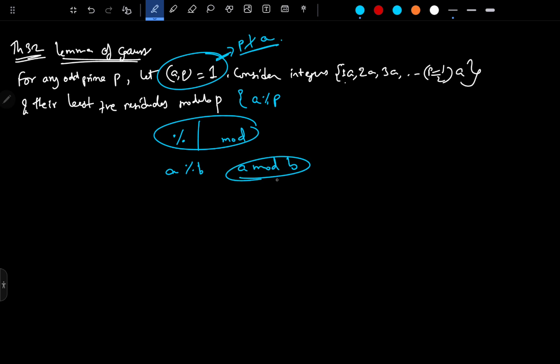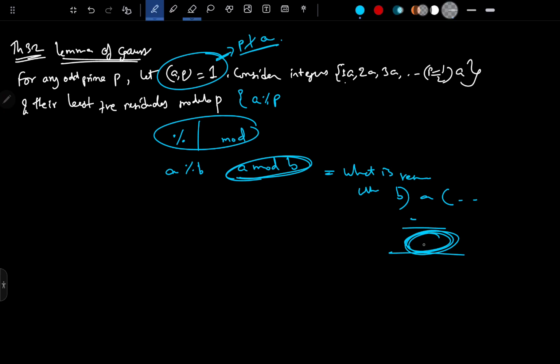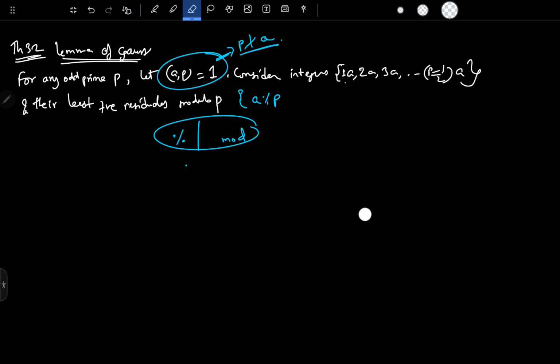What does a mod b mean? It is the remainder when a is divided by b, when b divides a, something we write in long division format. Whatever the remainder is, that is what we call a percent b.